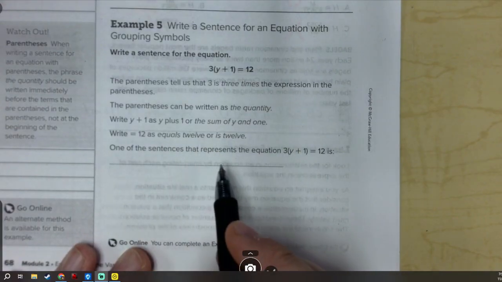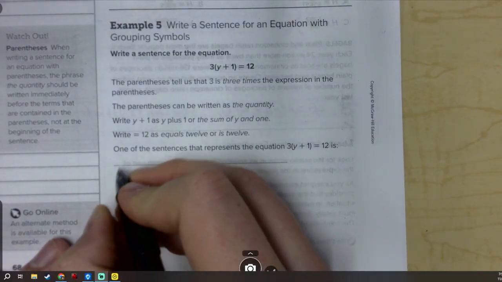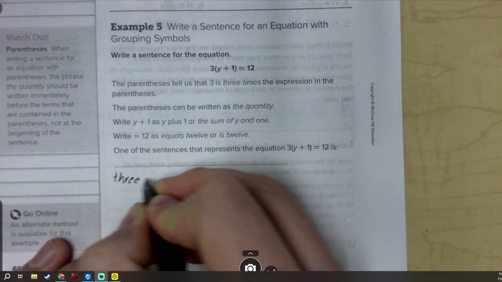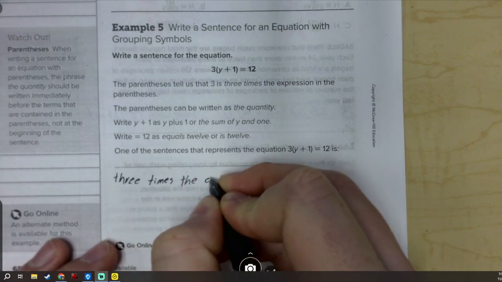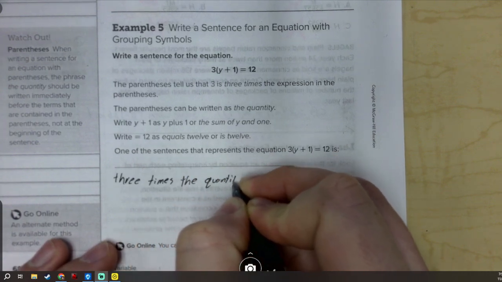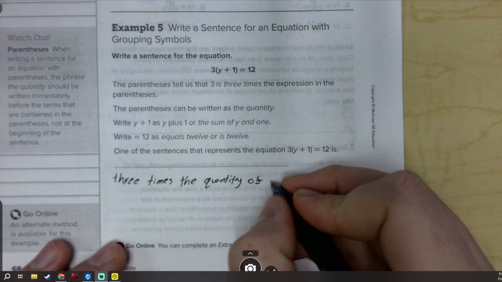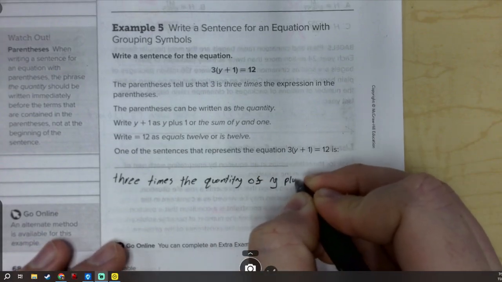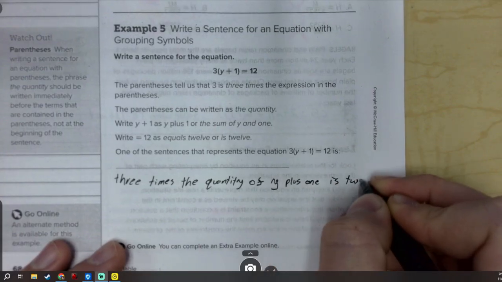One sentence that represents this equation is 3 times the quantity of y plus 1 is 12.